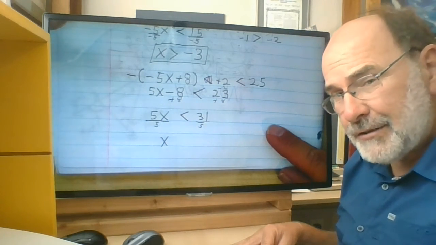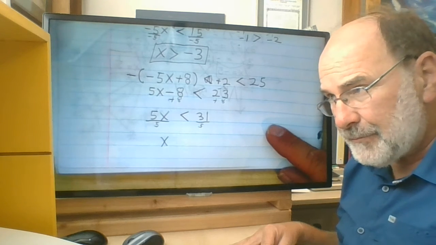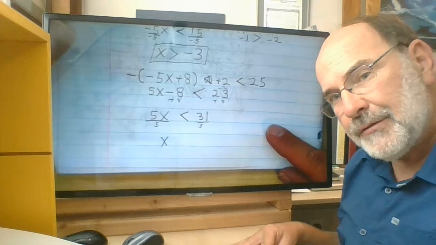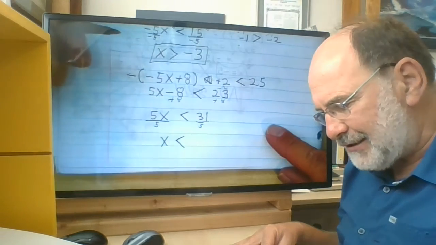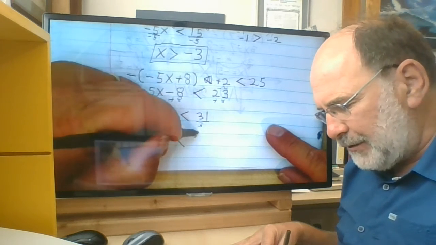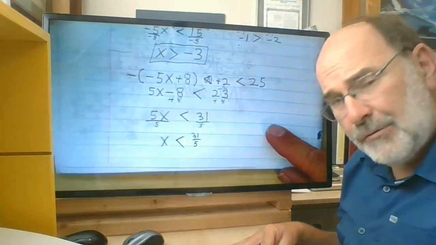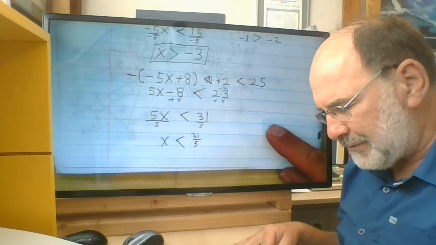Just as 1 is less than 2, 1/2 is less than 2/2. So it's still strictly less than. And this is a weird number. This is 31/5. Oh, how lucky for us to have a fractional number.